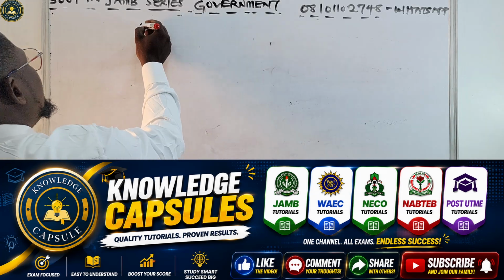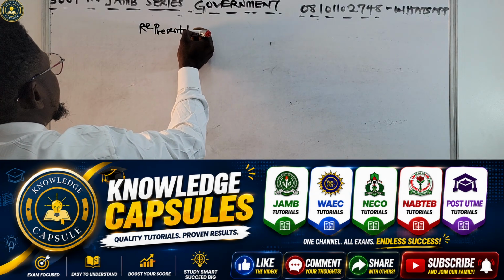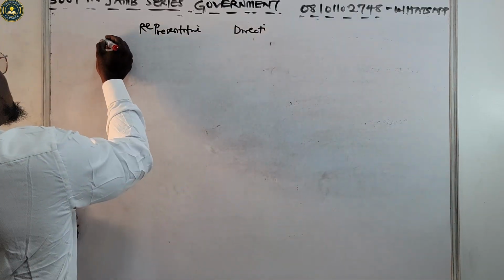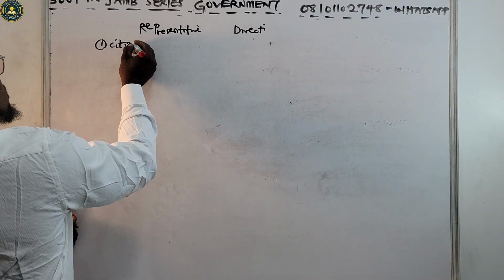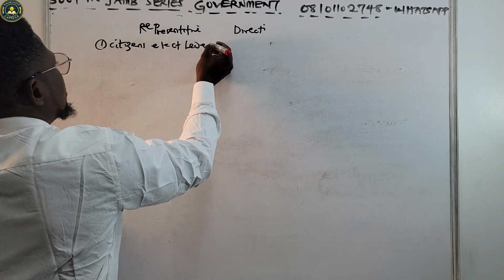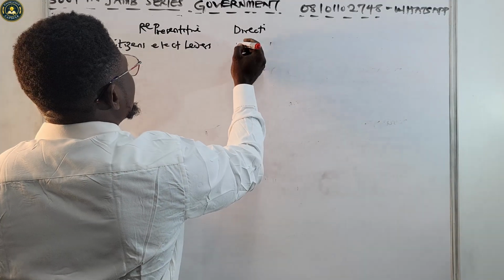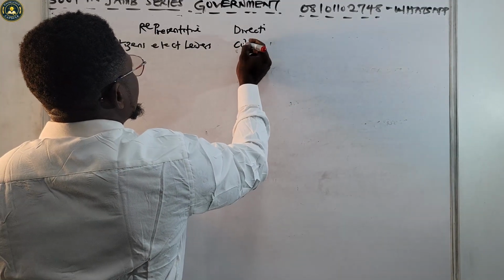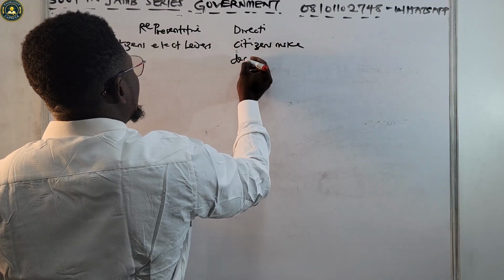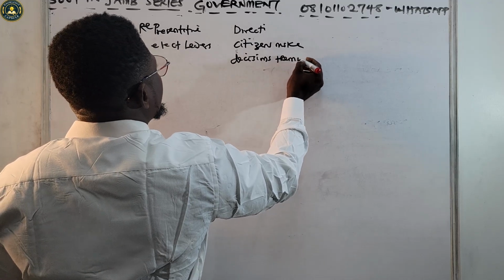So this one is representative and this one is direct. In representative government, citizens elect leaders. But in direct government, citizens make decisions themselves.